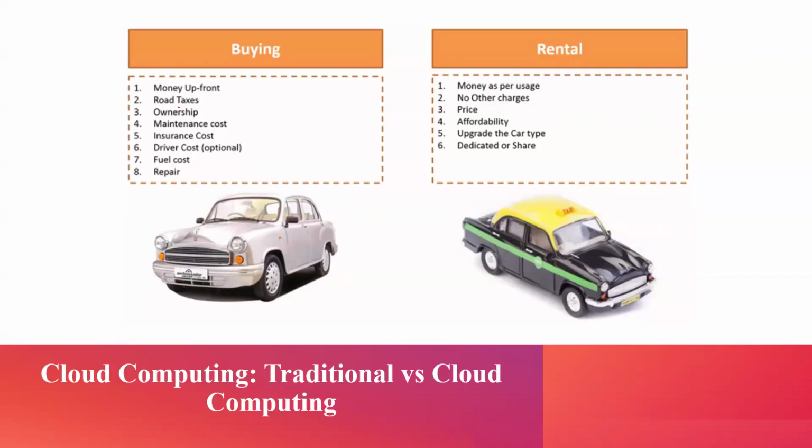You need to pay the road tax. You will be the owner. You need to pay maintenance costs and insurance costs. If you don't know driving, you recruit a driver and pay for that as well. Fuel costs, repair, everything will be taken care of by you. Going for on-premises is nothing but buying a car.